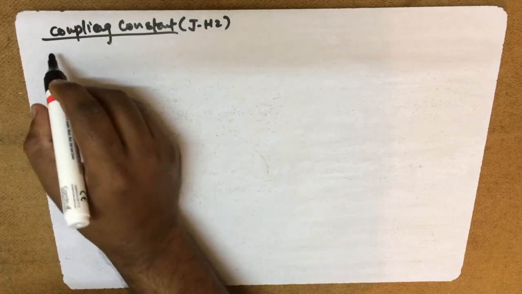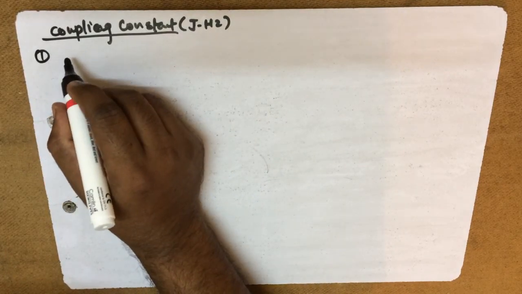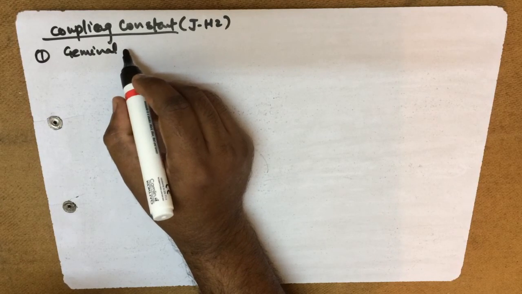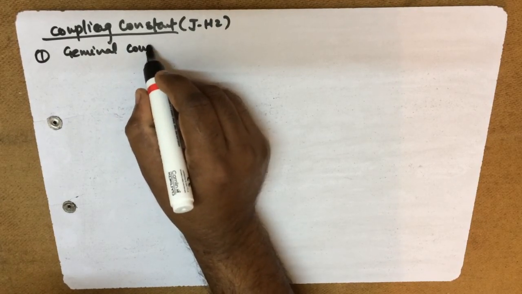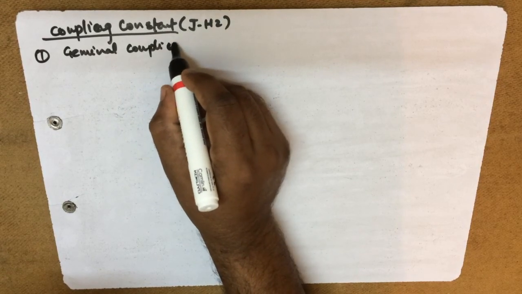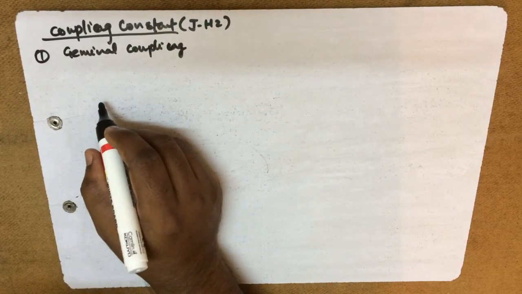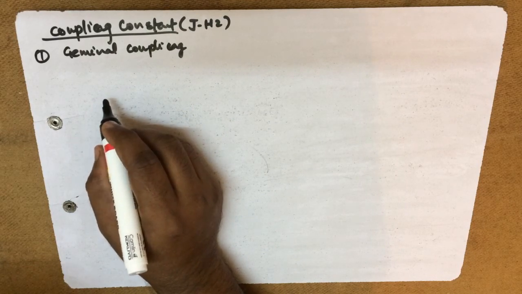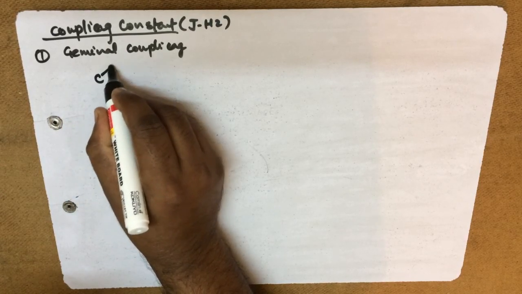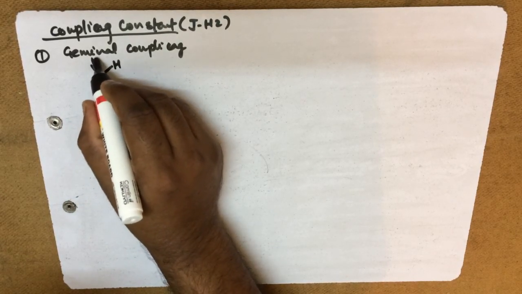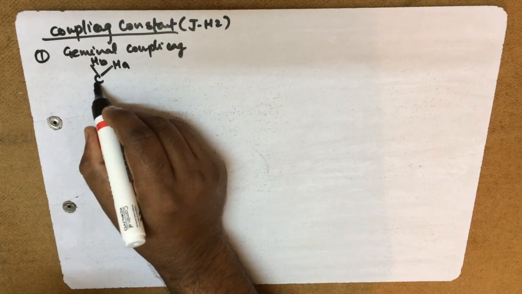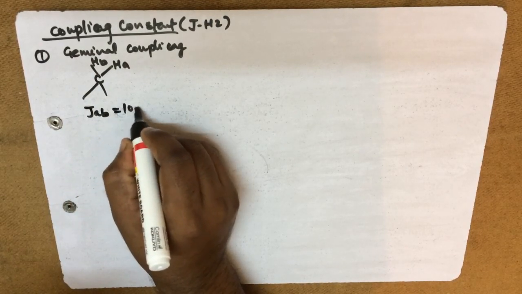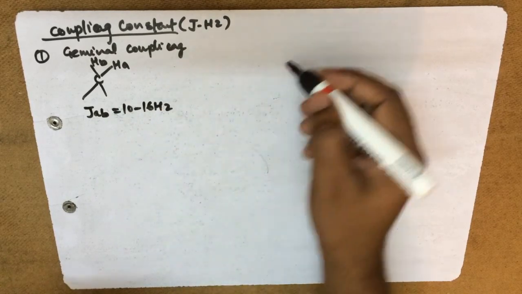First, geminal coupling, when protons are attached to the same carbon, like this, HB and HA. So the JAB coupling constant value is 10 to 16 Hz for this.